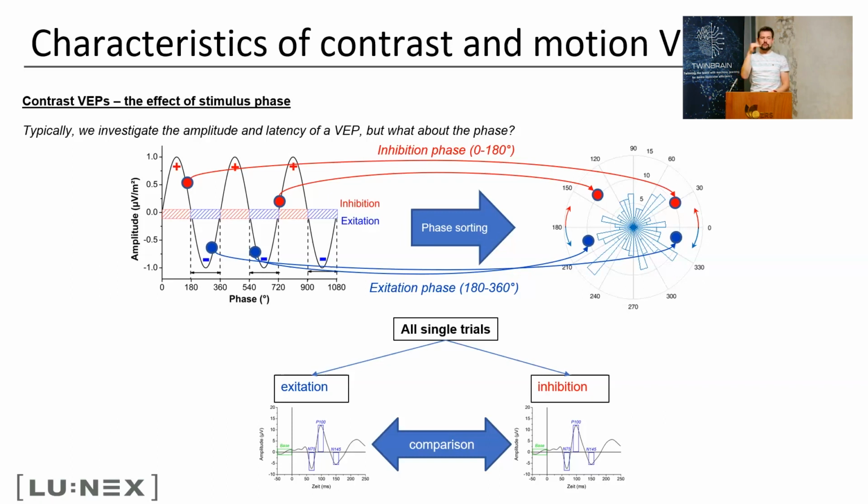If it is 0 to 180 and 180 to 360, or maybe 90 to 270 or something like that, so we were also shifting that, in different directions, so that we are covering different phase angles. And then we sorted all these individual trials into either the excitation or the inhibition part. And that is what we then got in the end.